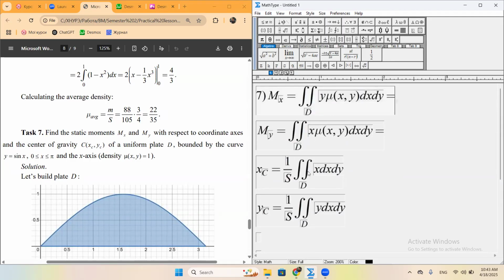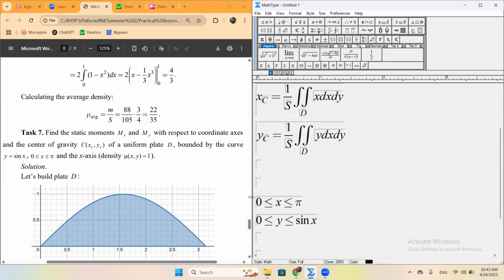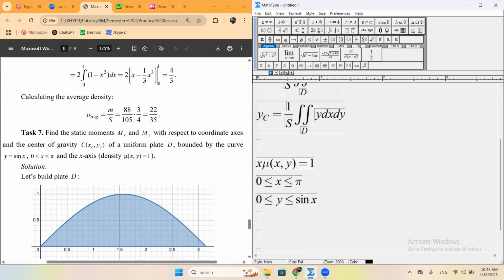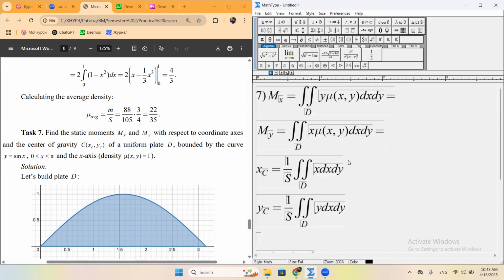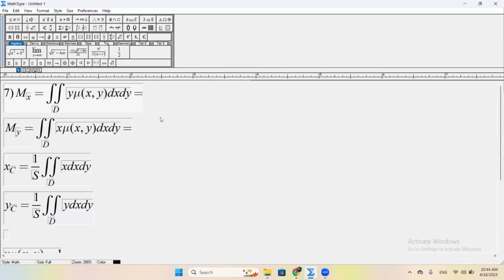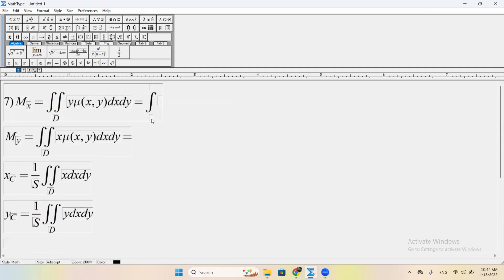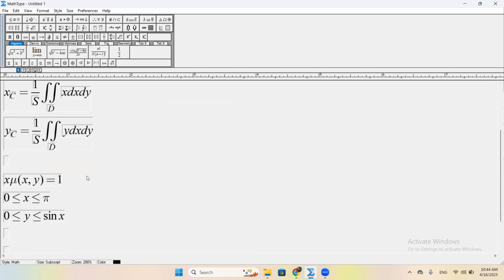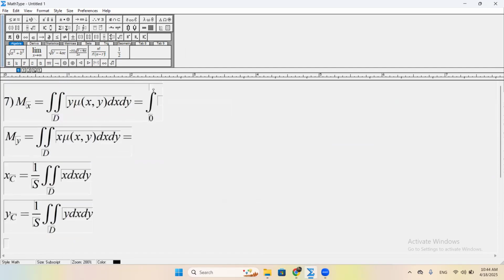In our case, mu of x y equals 1, so it is a constant. So our task is simplified a little bit. The task is the following for now: the integral for x from 0 to p dx and the integral from 0 to sine of x of y dy.